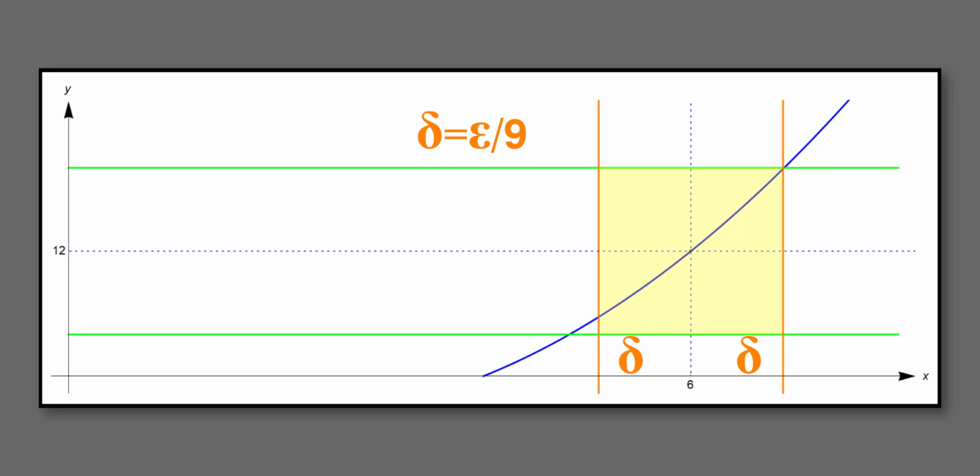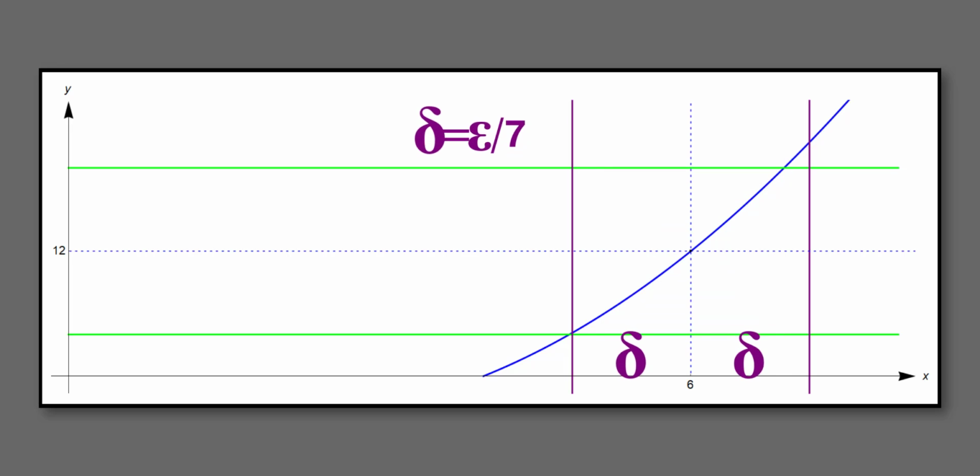However, if we were to choose epsilon over 7, then there exist points where the x value is within delta units, within epsilon over 7, but then the y values are outside the allowed error. So we need to choose the smaller delta so that it works in both directions.